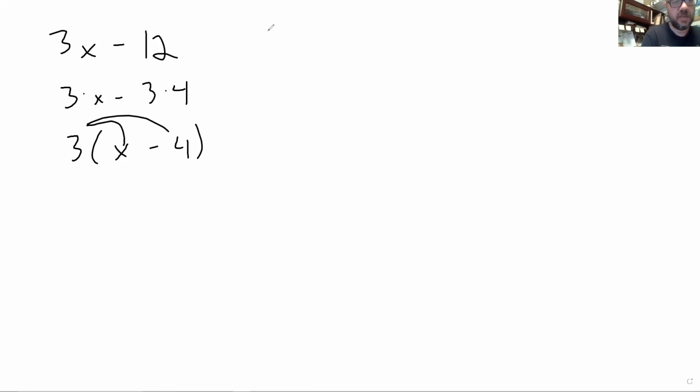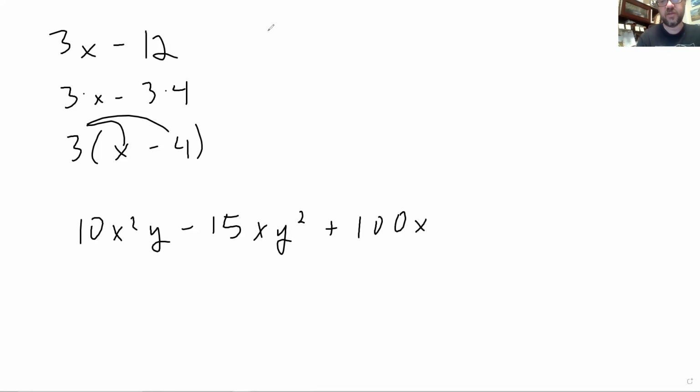Let's say I have 10x squared y minus 15xy squared plus, I don't know, let's say 100xy. All right, so what I'm looking for here is the most stuff that is in all of the terms, right?